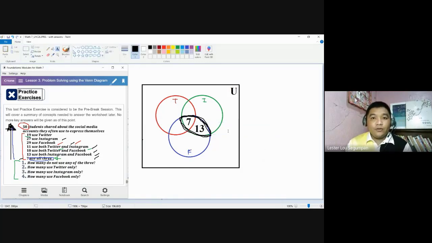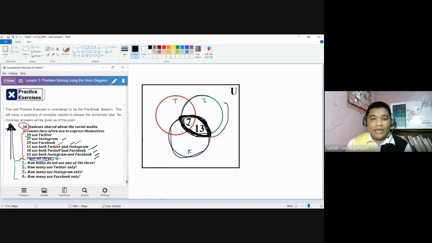But if you're going to do that, look again at the area common to Facebook and Instagram. This area here is now more than 13 because 7 is already here earlier.